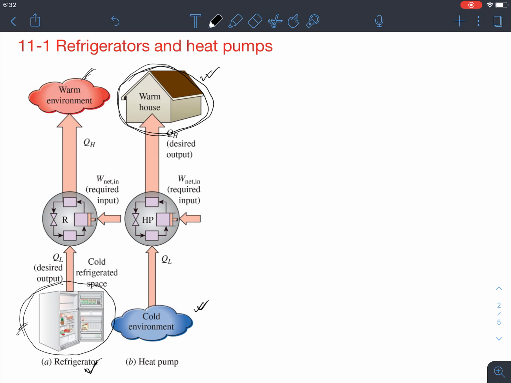However, you can see that the working principle of both of them is pretty similar. They are taking QL amount of heat from the low temperature reservoir, and both are trying to deliver the heat QH to a high temperature reservoir. However, one is creating the cooling effect, another is creating the heating effect. So that's the difference between refrigerator and heat pump.